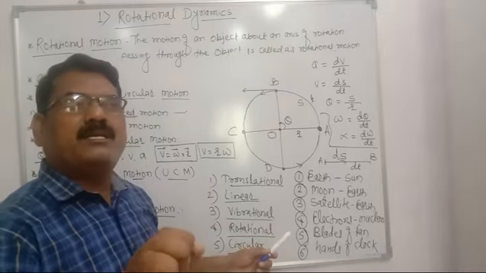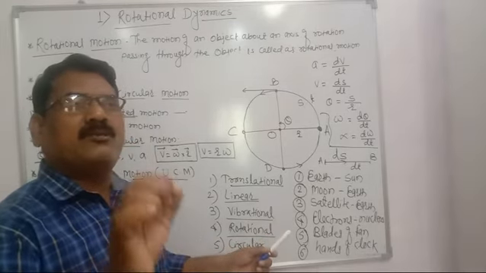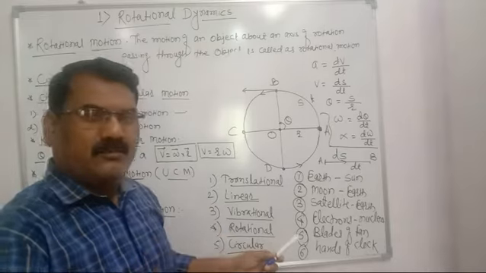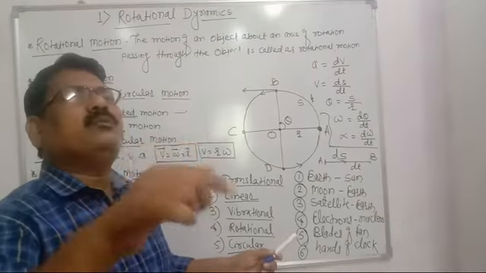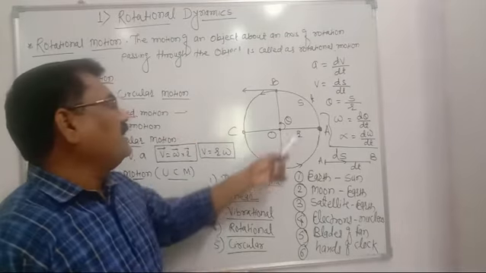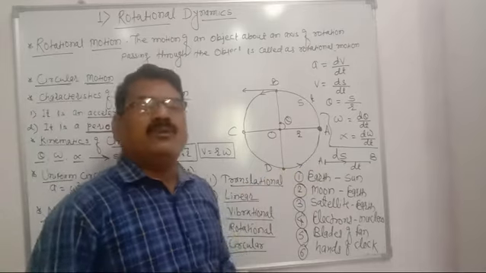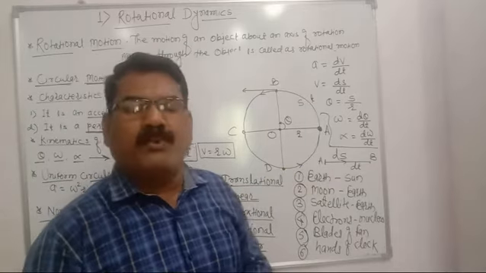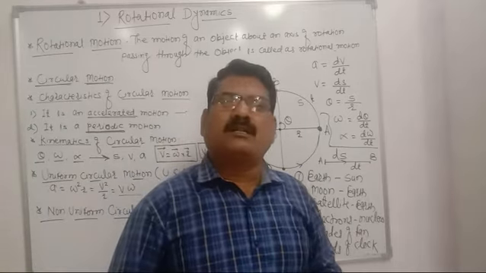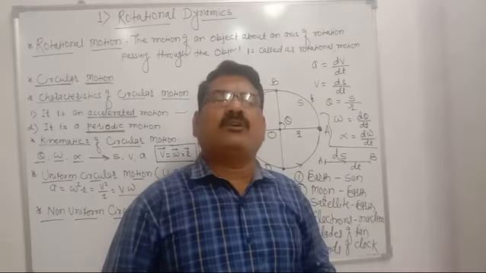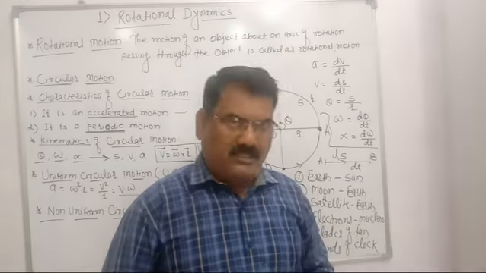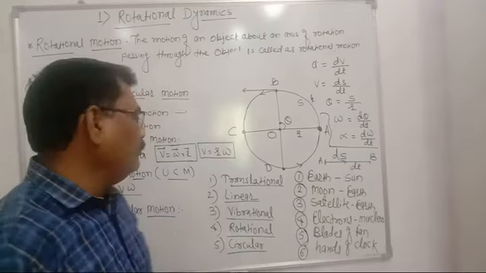It means if the particle is performing circular motion along the circumference of a circle with a uniform or constant speed, then that motion is known as uniform circular motion. For example, the motion of the earth around the sun, the motion of the moon around the earth, these are examples of UCM.